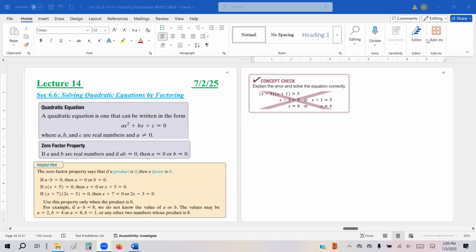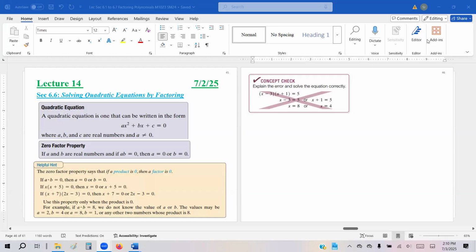Previously we factored, and now once you know how to factor, you set each factor equal to 0 and then solve for x. When you set each factor equal to 0, there is a rule. In order to solve any quadratic equation, the first rule is that we have to have 0 on one side. If you don't have 0 on one side, bring everything to one side, factor, and then solve. Only when you have 0 on one side can you solve for x.